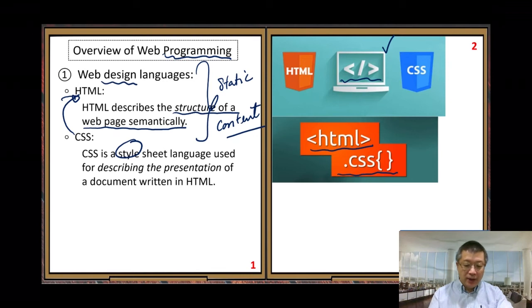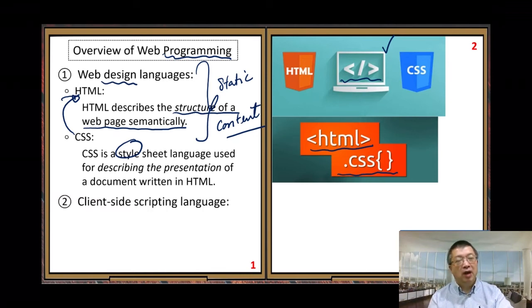Next, a very important client-side scripting language. This time we can call it a programming language. This is a very important, useful programming language, JavaScript. Client-side JavaScript is very powerful and very important in web programming.